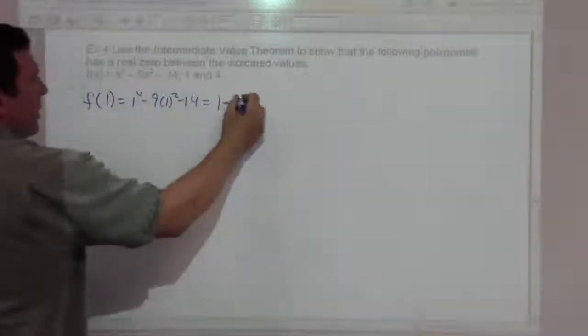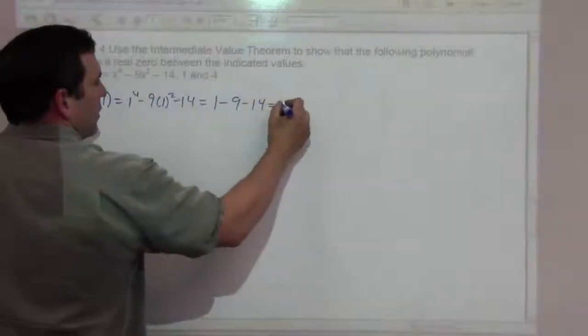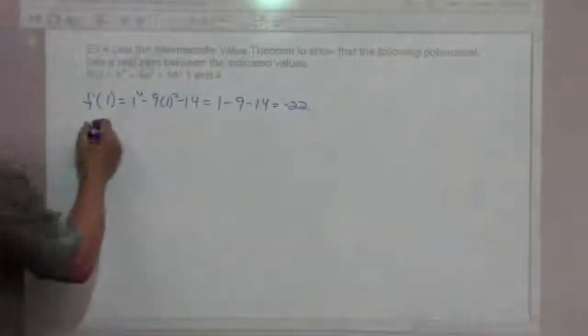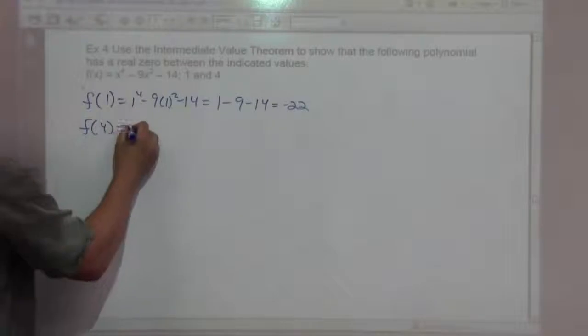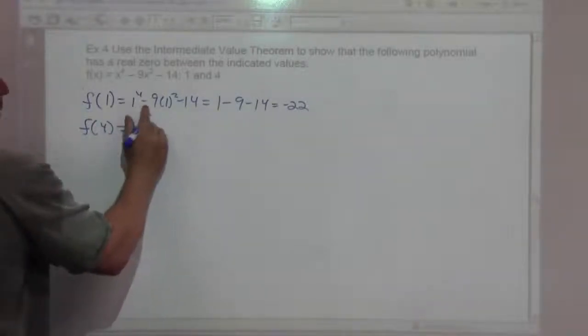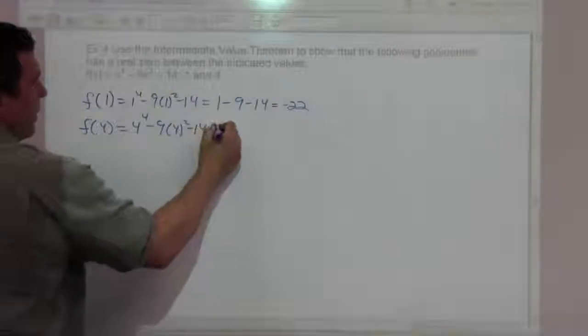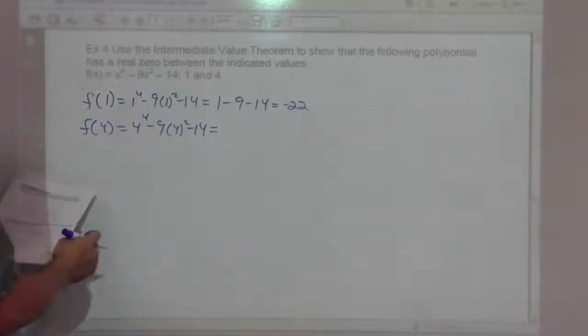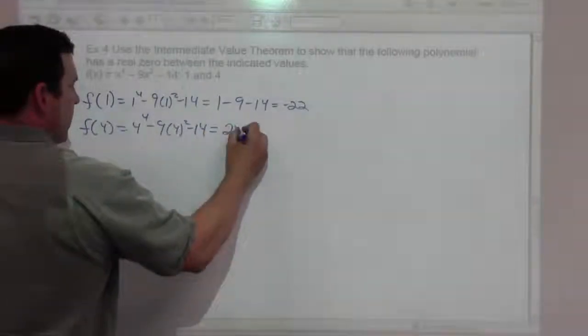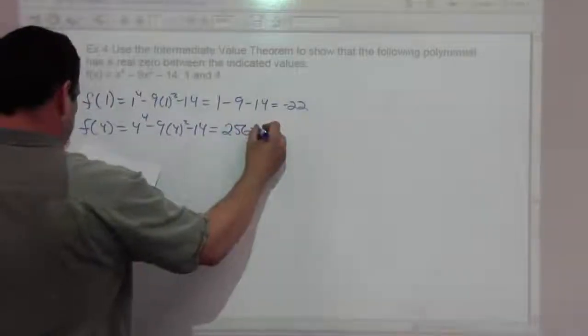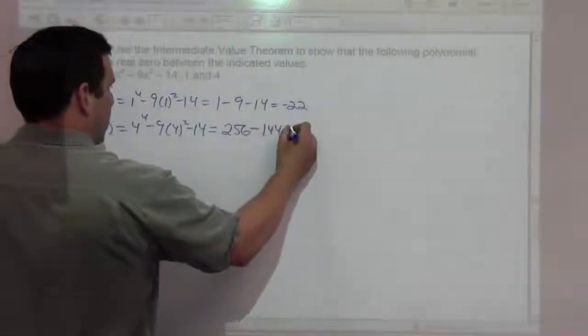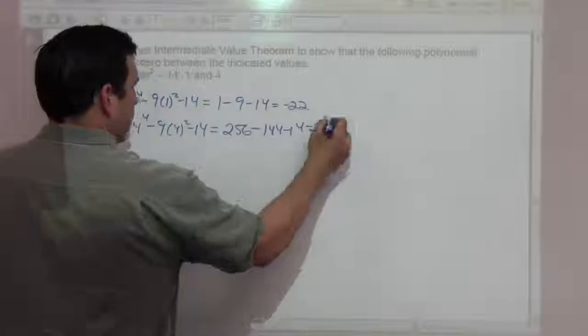That's 1 minus 9 minus 14 equals -22. f of 4 is 4 to the fourth minus 9 times 4 squared minus 14, which is 256 minus 144 minus 14, that's 98.